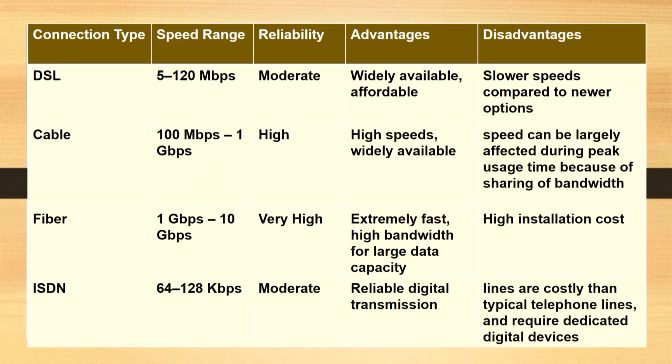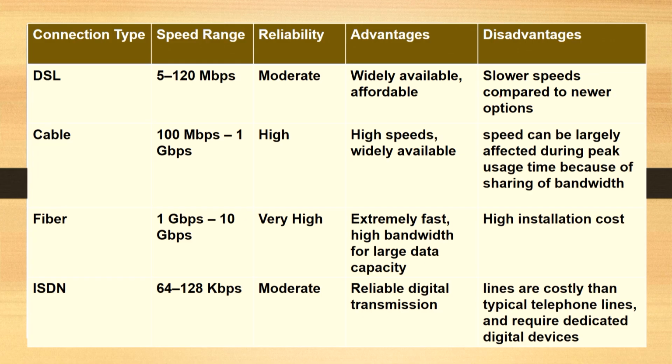So we have different types of internet connections. How will we decide which one is to be used? Depending upon their advantages, disadvantages and speed range, that will help us decide what type of connection we can have for internet connectivity.